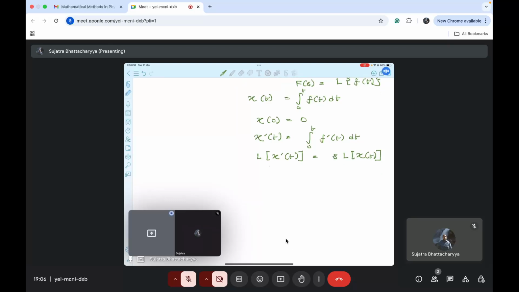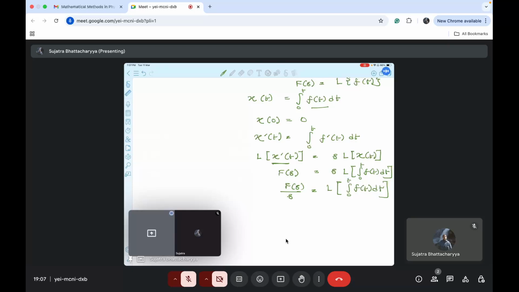So F(s) equals s times the Laplace transform of chi t, which is the integration from 0 to t of f(t) dt. Clear? So you get F(s) divided by s as the Laplace transform of the integral from 0 to t of f(t) dt.